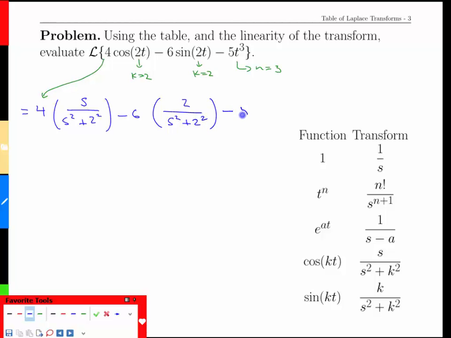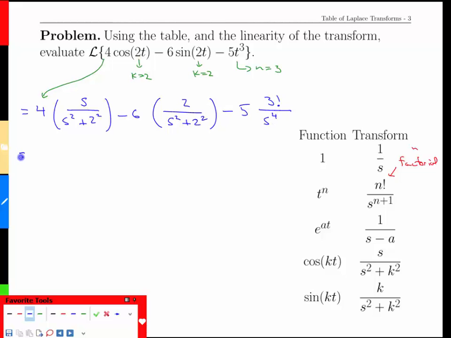And last but not least, we'll have minus 5, the transform of t cubed. This is a little more exotic, but we're using n equals 3. We'll have 3 factorial. Remember that the exclamation mark here indicates a factorial, or n factorial overall. And we'll have that divided by s to the n plus 1, so s to the power 4.